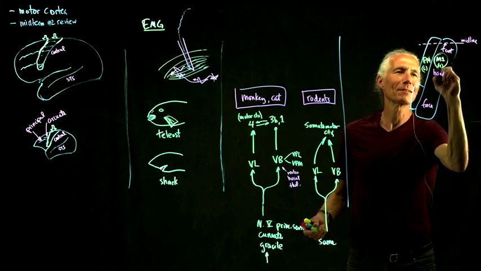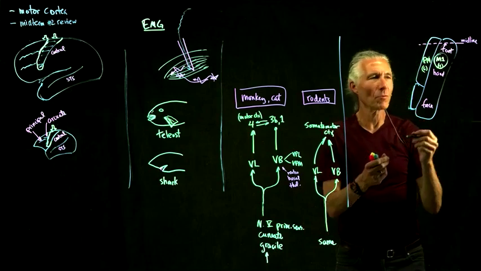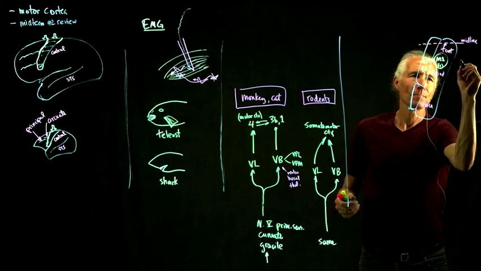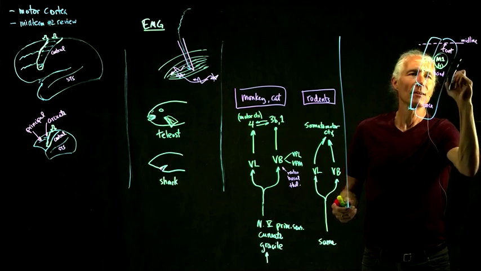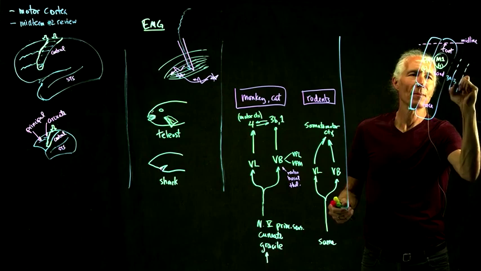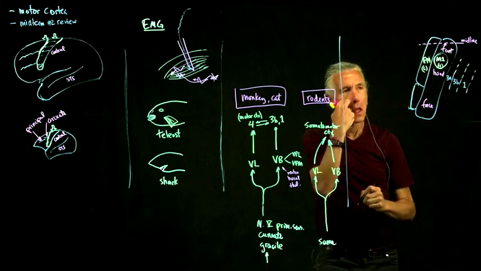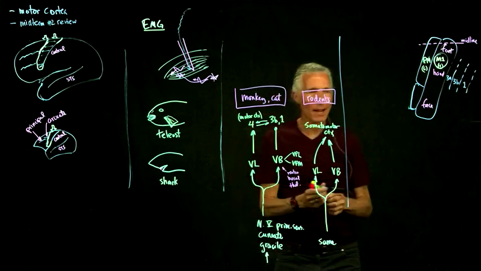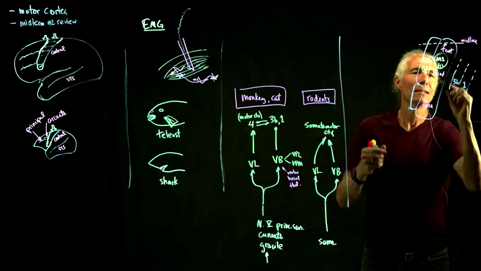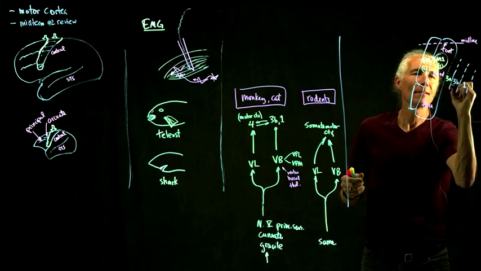Anyway, where are these in relation to the other areas? There's an area called 3A, and that gets back into what we remember from 3B and area 1. 3A is an interesting area because it has especially a lot of muscle.